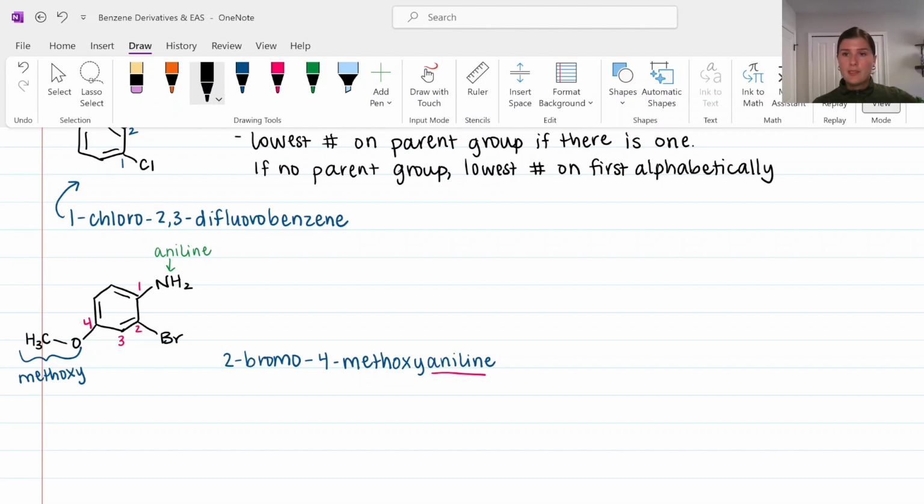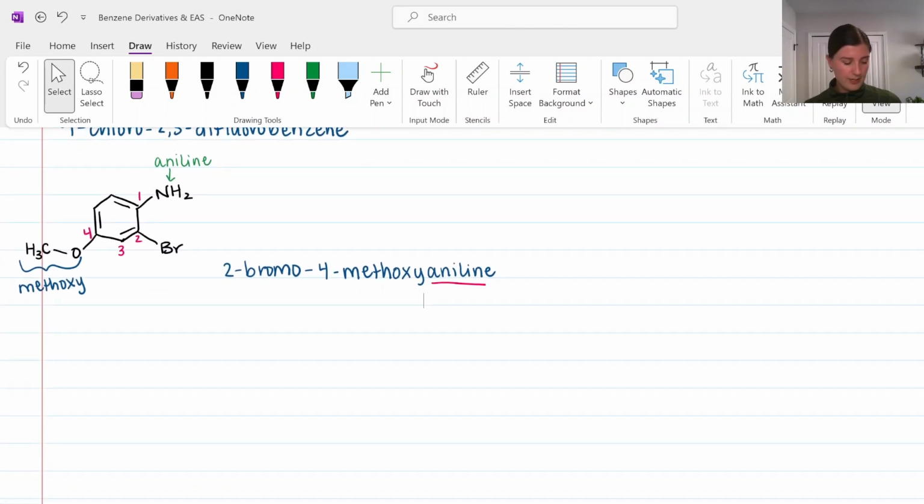Now, sometimes a benzene type ring will be bonded to some larger molecule, and the benzene won't be the highest priority group, or the aniline won't be the highest priority group. An example of that is if we have benzenes as part of an ether molecule. And when that's the case, we actually use the word phenyl, P-H-E-N-Y-L, to describe that benzene ring, or to name that benzene ring.